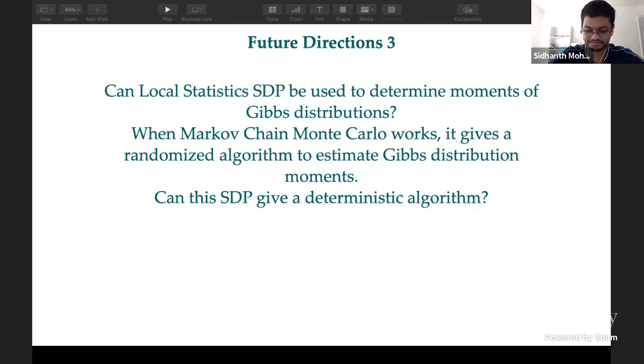Let's say you had a d-regular graph and you wanted to know what the moments of the uniform distribution on 2D colorings were. There are algorithms for sampling from Gibbs distributions in some cases using Glauber dynamics or, more generally, some form of Markov chain Monte Carlo. But the question is, can the local statistics SDP be used to give deterministic algorithms in these settings?